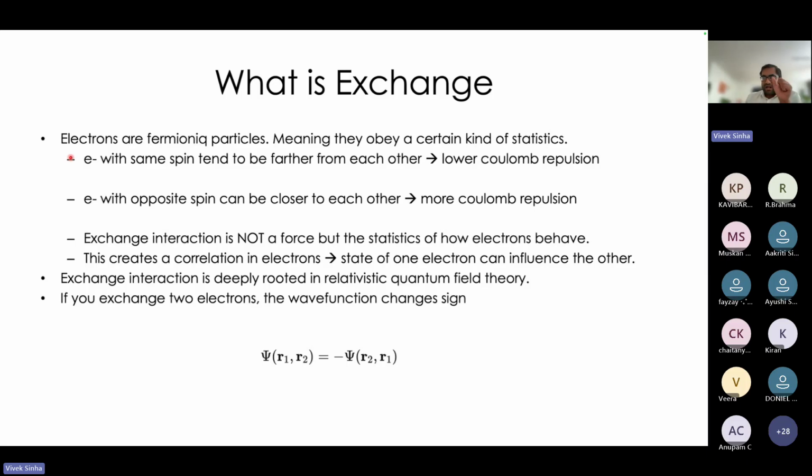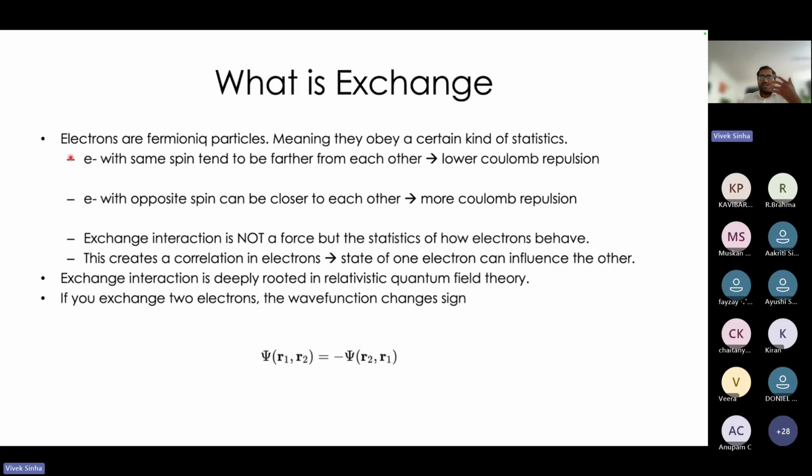So this exchange interaction is not a force, but a statistical description of how electrons, fermionic particles, behave, and it creates a correlation in the electrons just by the very quantum mechanical nature of the system. It is deeply rooted in relativistic quantum field theory. Feel free to read more about it; I'm not going to touch it in the scope of this course.